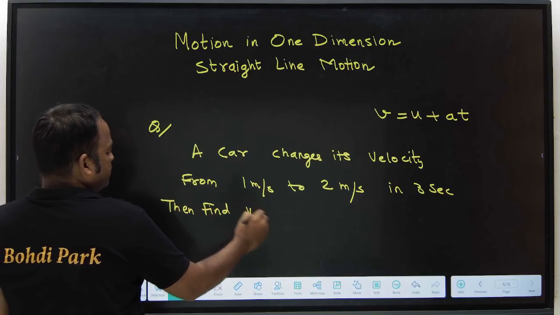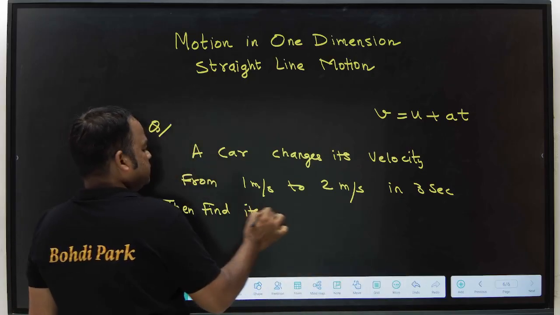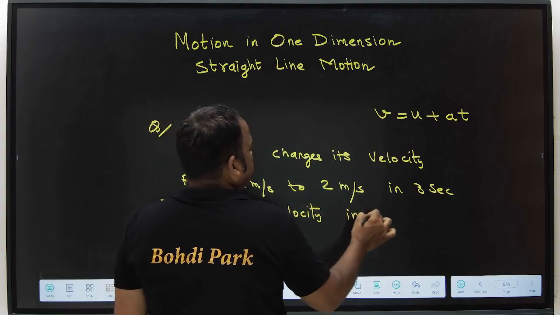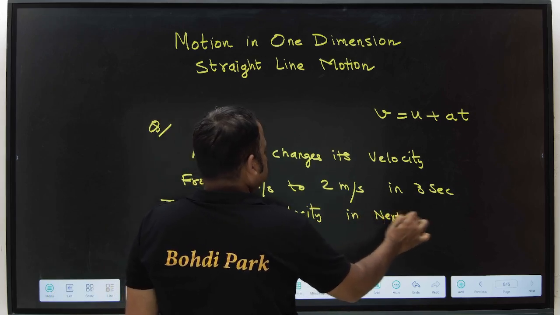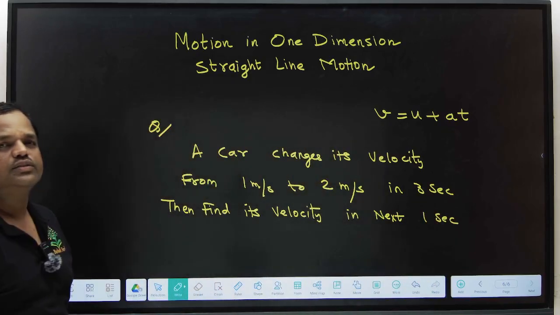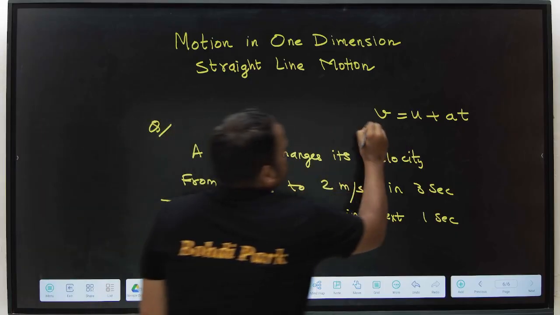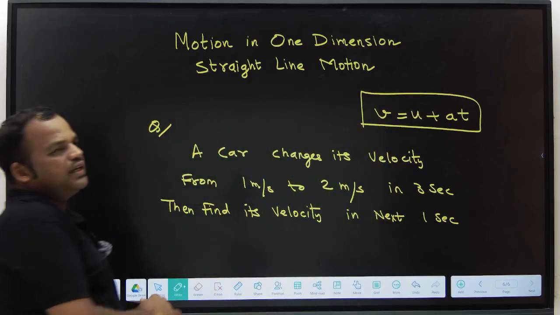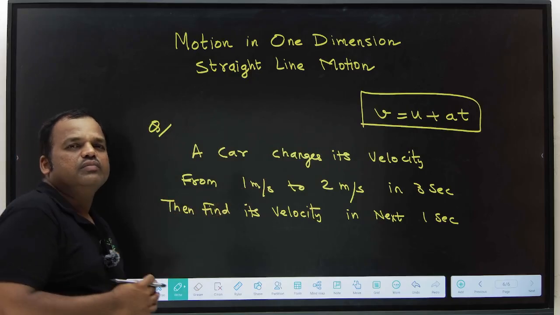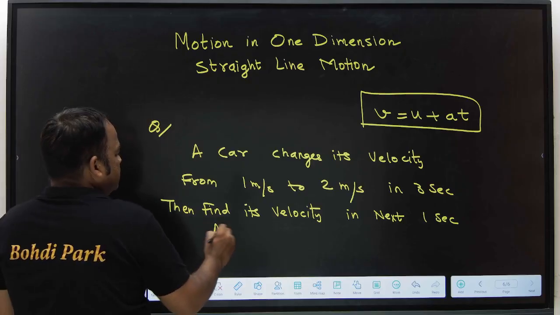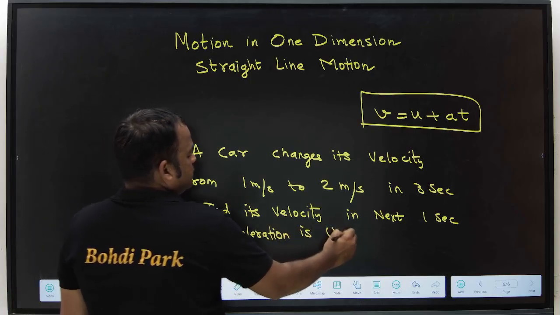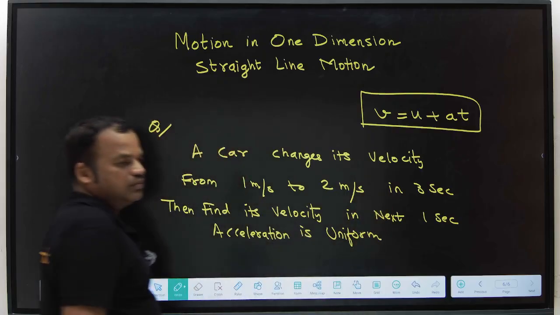Then find its velocity in the next 1 second. So we have a direct formula, v is equal to u plus at. And in these type of questions, most of the time the acceleration is uniform.